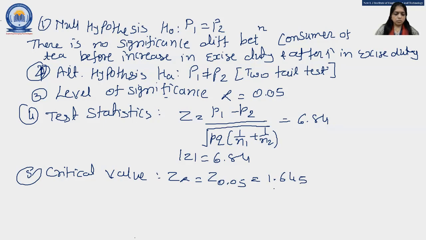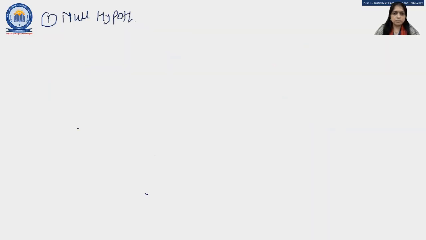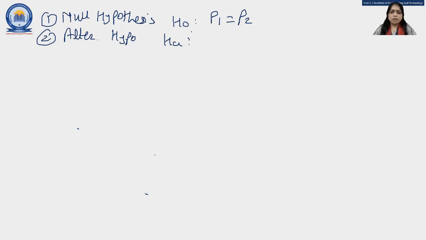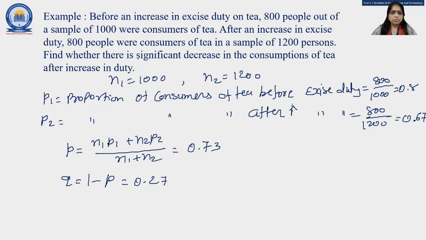Okay, so null hypothesis H naught, that is P1 equal to P2. It means, as per the previous example, there is no significant difference between the consumers of tea before increase in excise duty and after increase in excise duty. Now, the alternative hypothesis, that is HA. Here, we have to find whether there is a significant decrease in the consumption of tea after increasing duty.